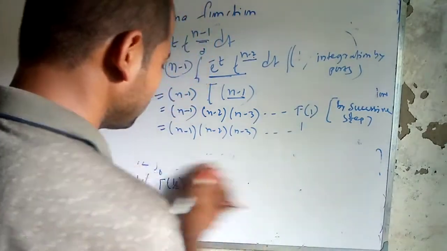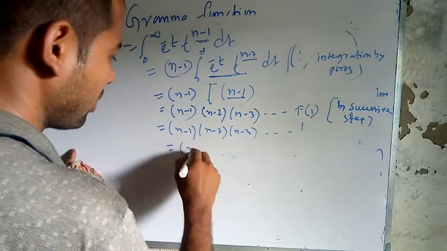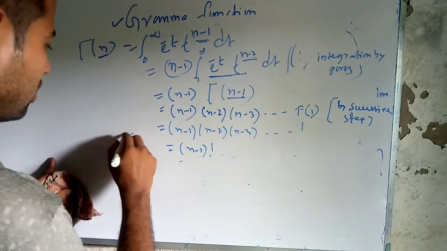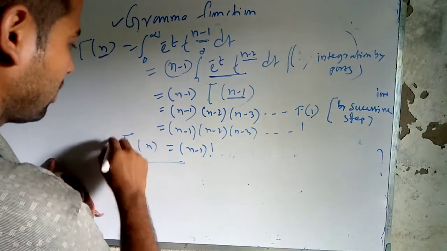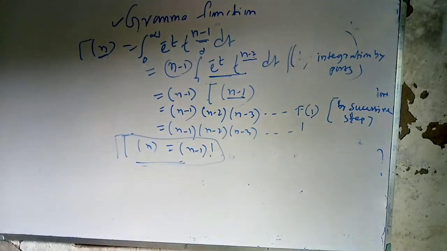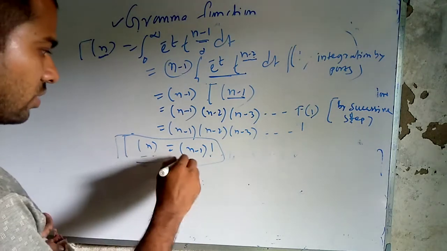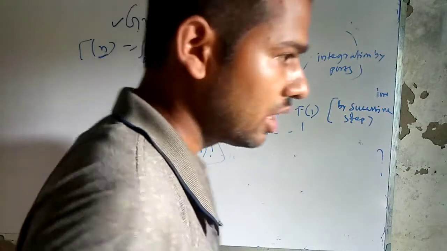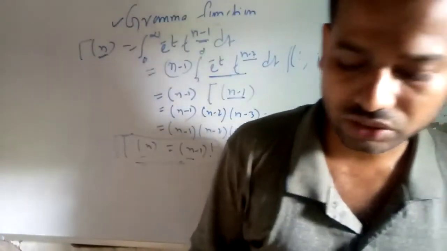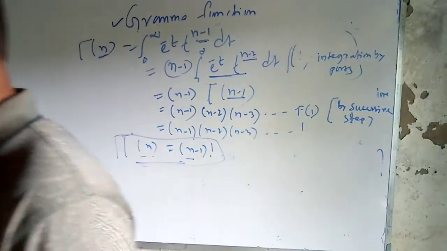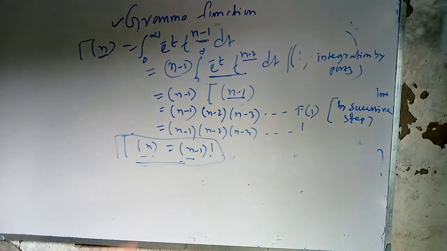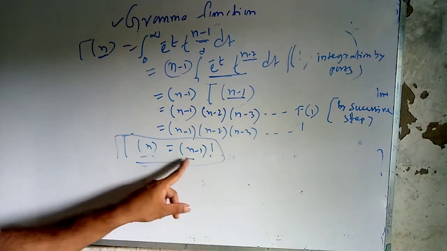This is actually the factorial of n minus 1. It is very interesting: gamma function n equals factorial n minus 1. You can handle various exam questions with this exact value of gamma function n. In various BSc exams a question may come to prove that gamma function n equals factorial n minus 1.